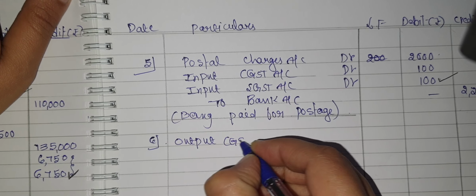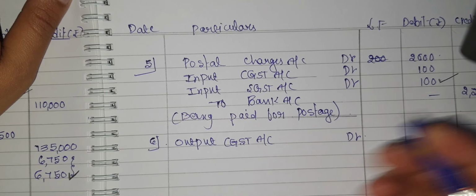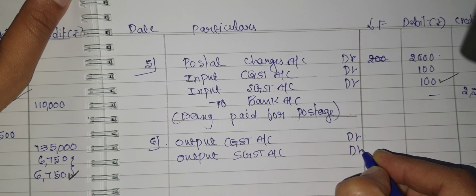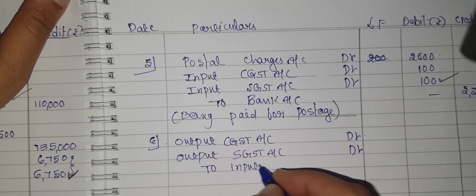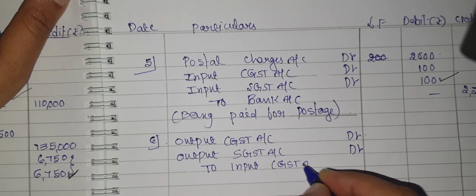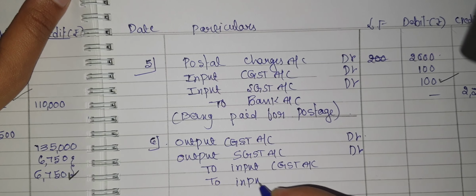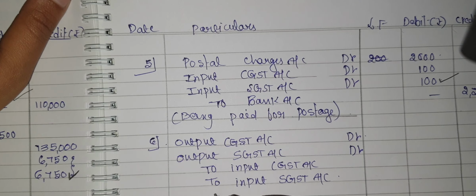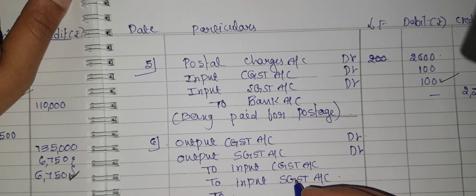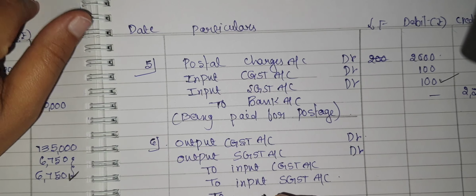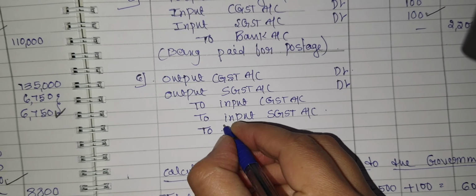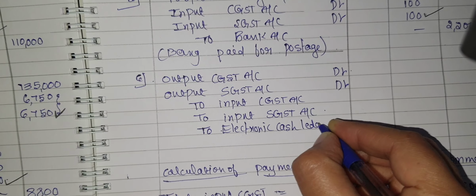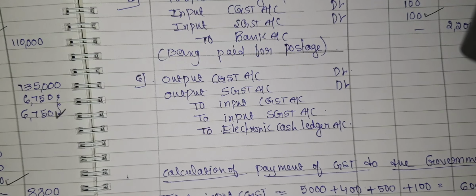Output CGST account debit, output SGST account debit, to input CGST account, to input SGST account, and to bank account, or we can write electronic cash ledger account, to electronic cash ledger account, or we can write to bank account also.